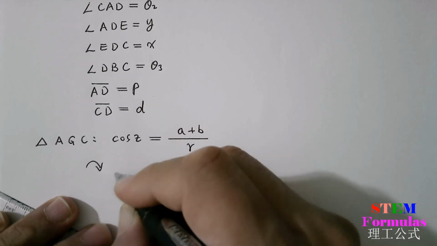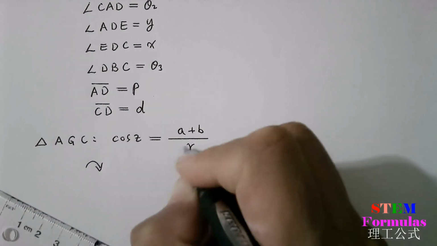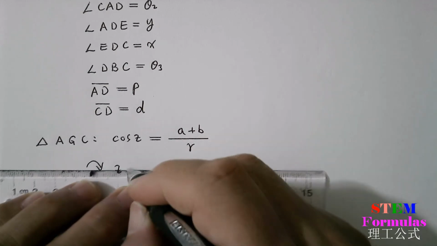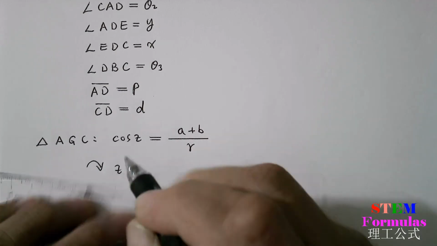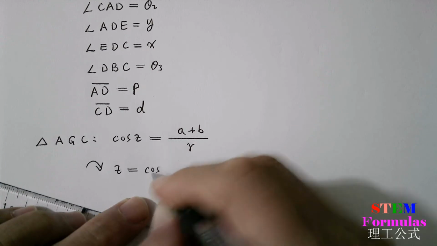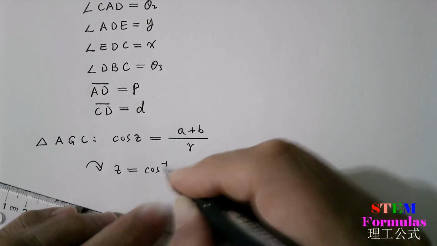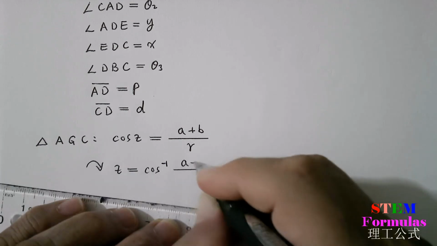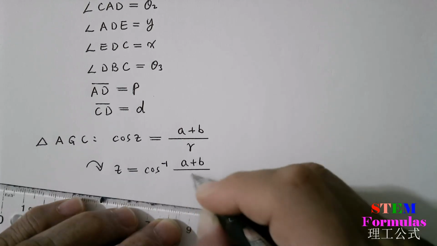Therefore, z equals cosine inverse of (a plus b) divided by r.